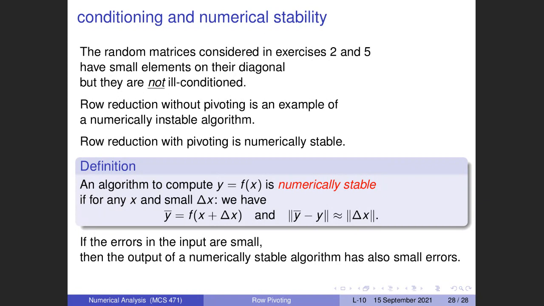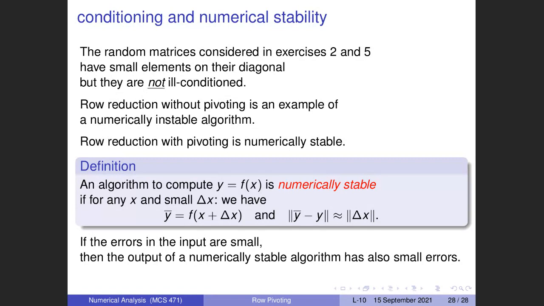So we have two different f's, where the input is the matrix A and also the right hand side, and the output is the solution to the linear system. This definition sounds very similar to the definition of condition number. And I want to end with this.